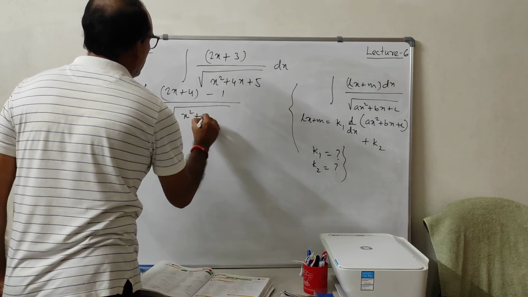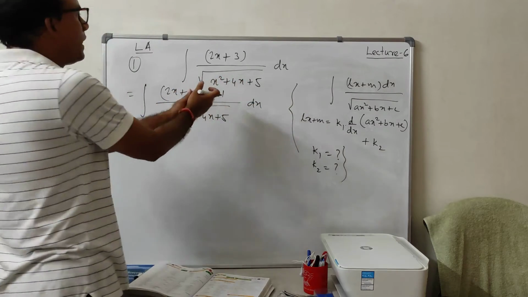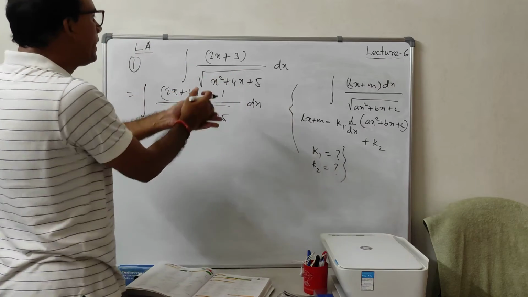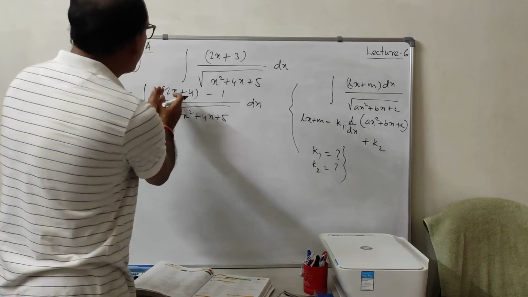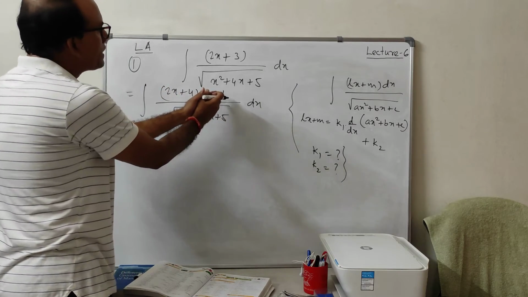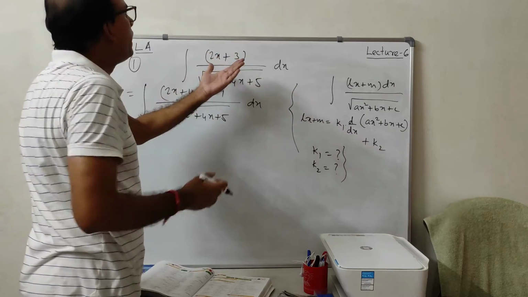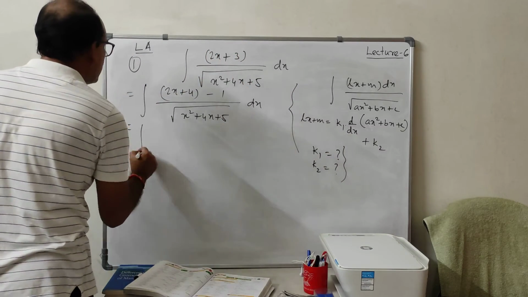So first we differentiate the quadratic expression under the radical sign in the denominator and we get 2x plus 4. That is why I write 2x plus 4, and then I adjust minus 1 because in the numerator it is originally 2x plus 3. I hope you understand these things.